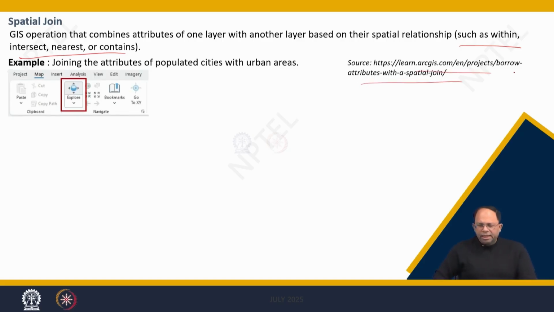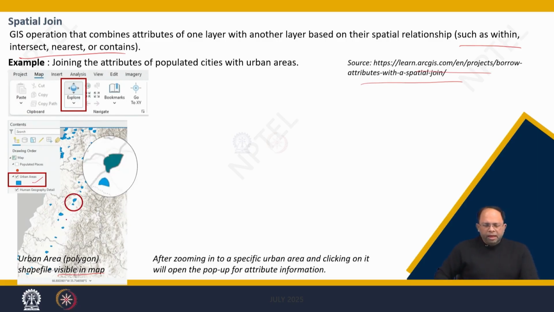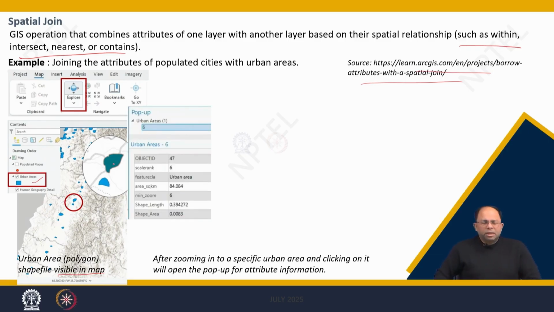Some projects are already there, so we have taken it from there. Over here you can see a polygon map of urban areas, so these polygons mark the urban areas in a particular region. Once we click on one of those urban areas, you can see the features of that particular urban area.